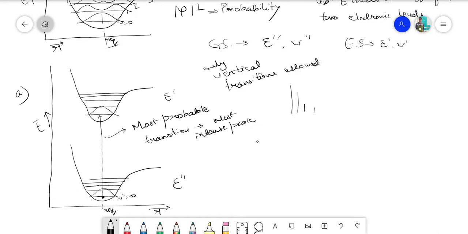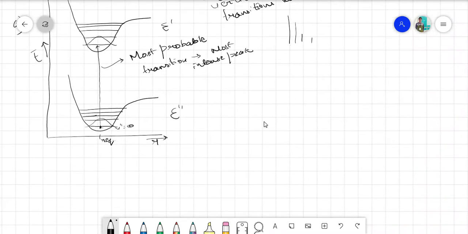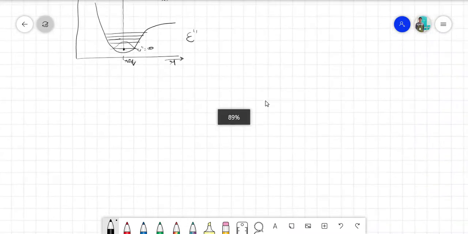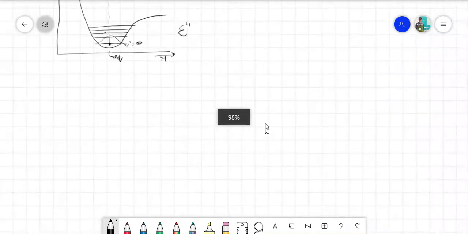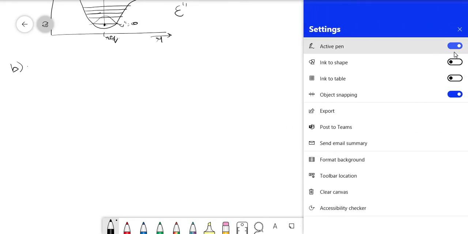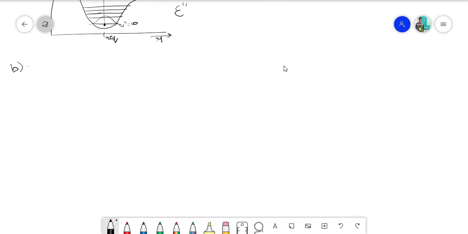Now let's look at another such transition.